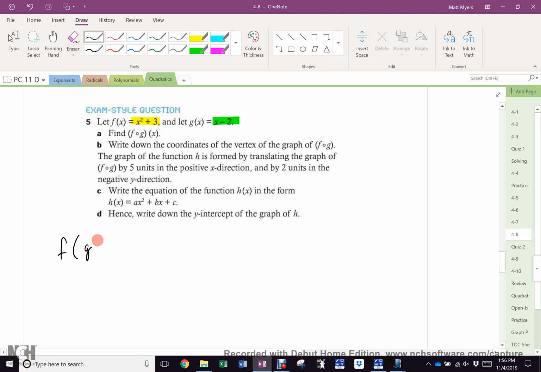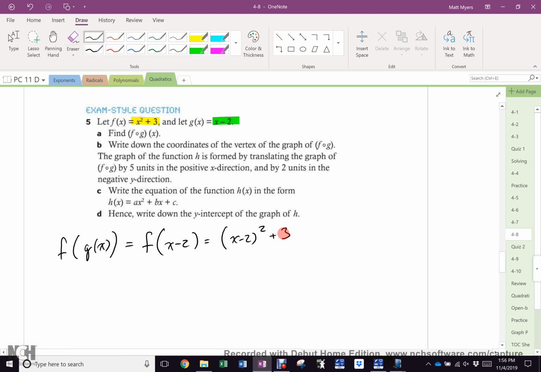Of the g of x, right? So I want the f. What is g of x? x minus 2. Which means I now need to go to which function, yellow or green, when I'm dealing with the f? Yellow. And I need what squared? x minus 2 squared plus 3, yes?